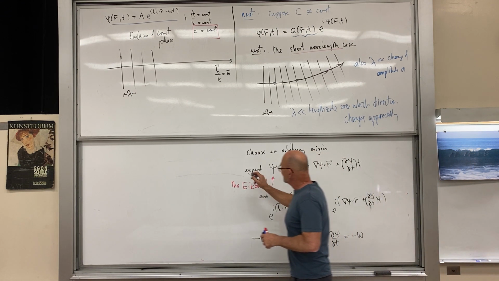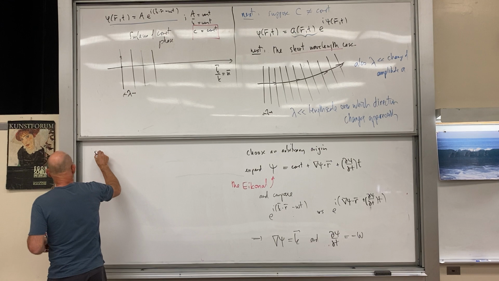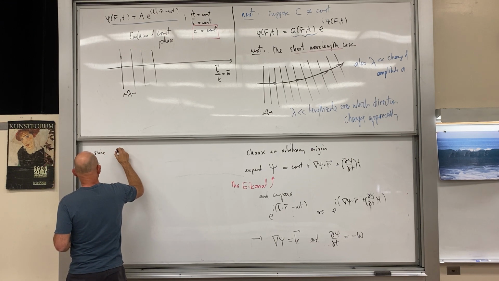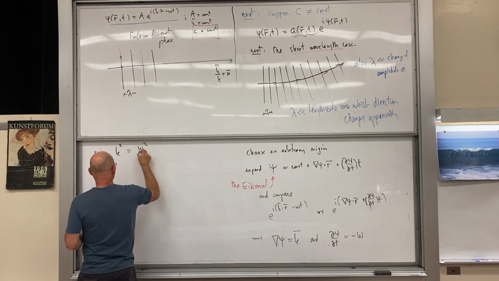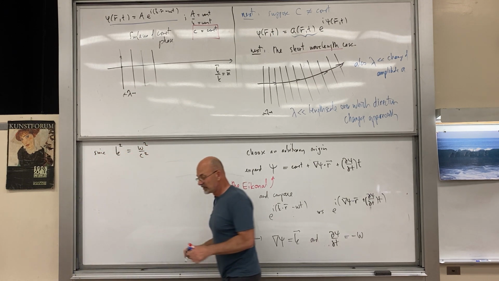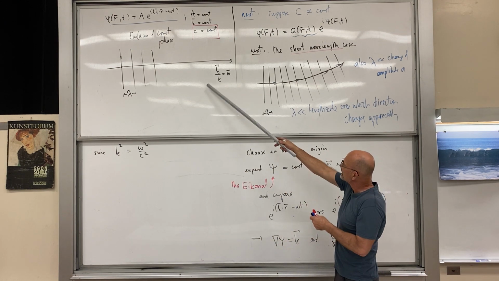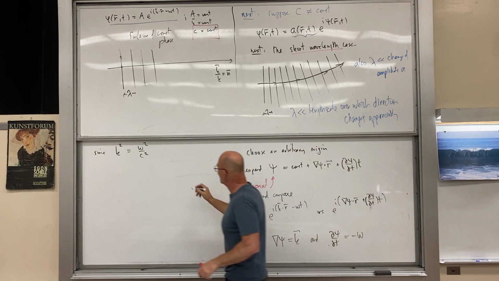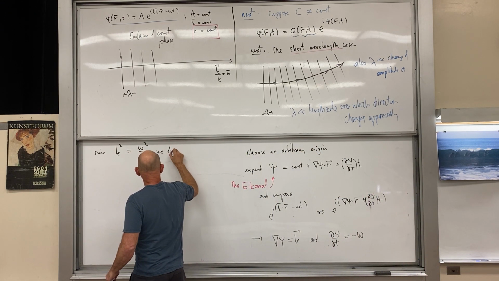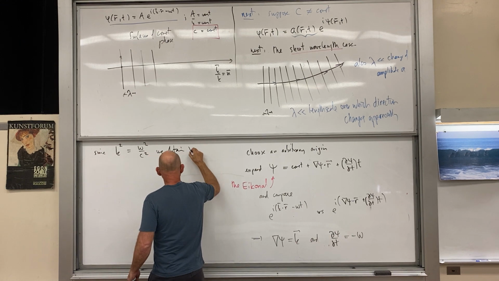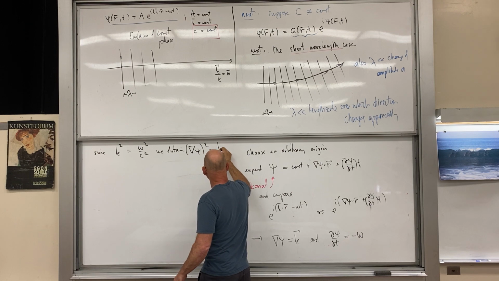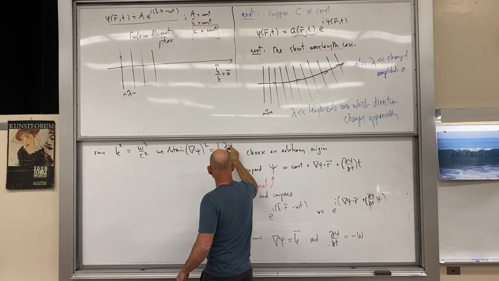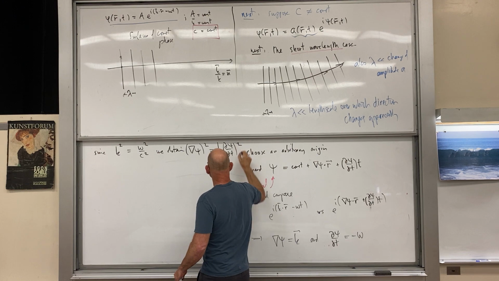So since we had k squared equals omega squared over c squared for this left side, for the right side we obtain gradient c squared equals 1 over c squared times dc/dt squared.